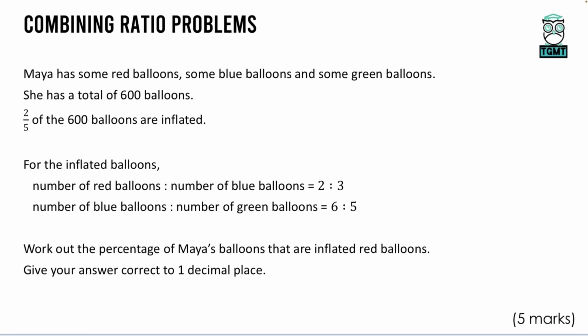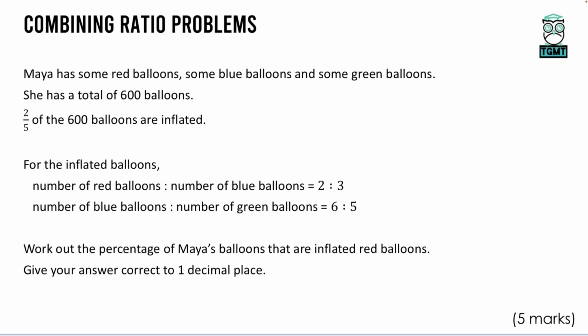So this one just says, Mayer's got 600 balloons, 2/5 of them are inflated. For the inflated balloons, red to blue is 2 to 3, blue to green is 6 to 5. We want to work out the percentage of Mayer's balloons that are inflated red balloons. And it says give your answer to 1 decimal place, so we know our percentage is going to be a point something.